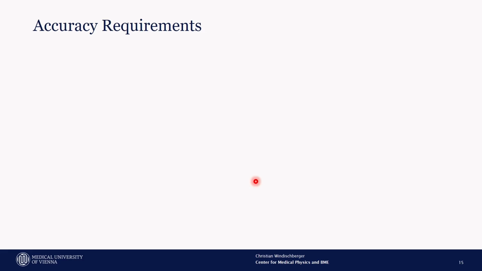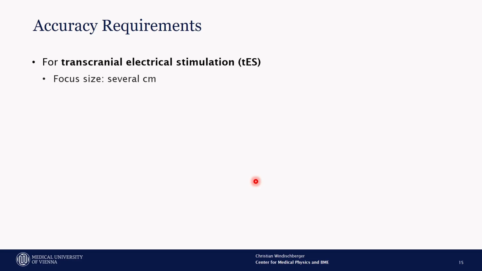Right. Let's talk about what level of accuracy we are actually required to meet for these applications. Thinking about transcranial electrical stimulation, typical focus sizes are on the order of a centimeter or so. Focus location is quite variable depending on where you put the electrodes.